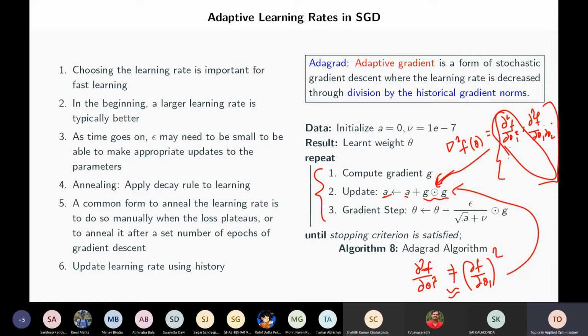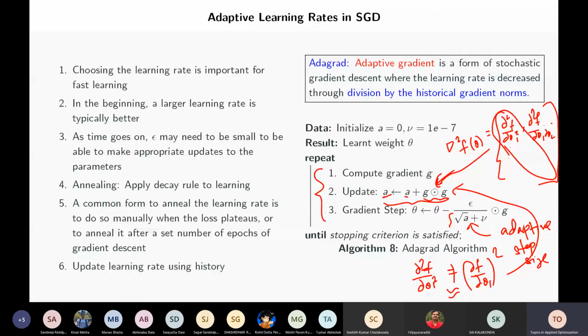And then you define this accumulated square of the gradients, and then you update like this. And one more thing is this is the adaptive gradient, so this is the adaptive step size, because this keeps changing.